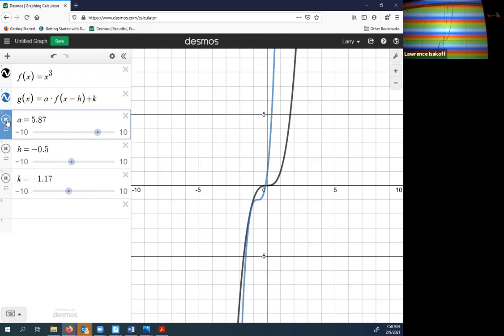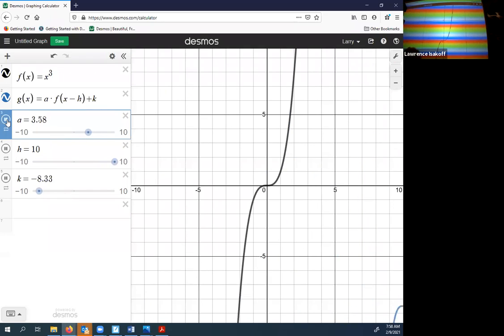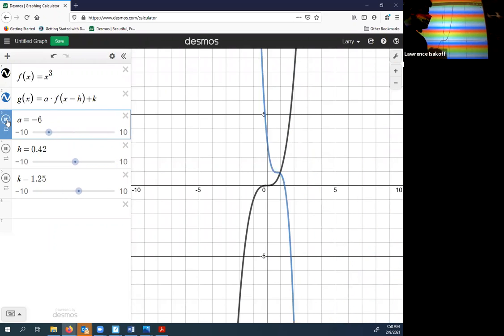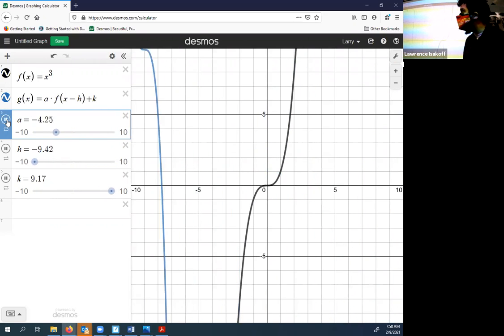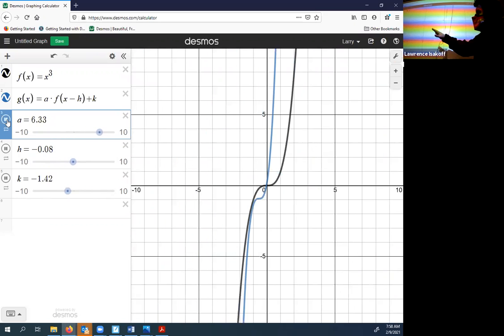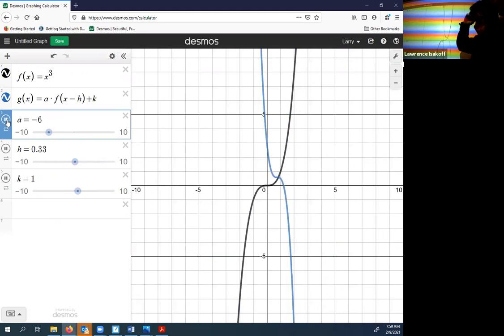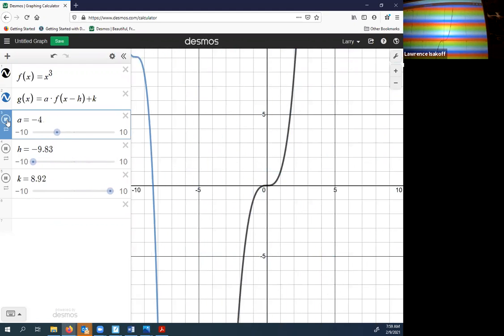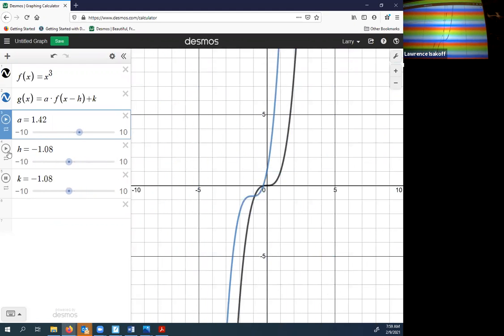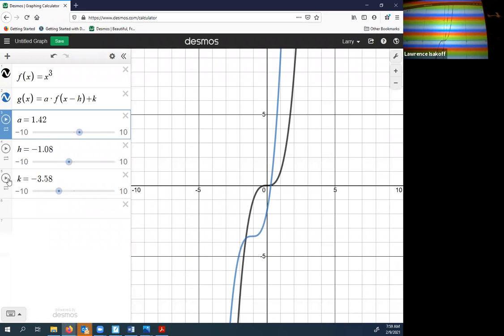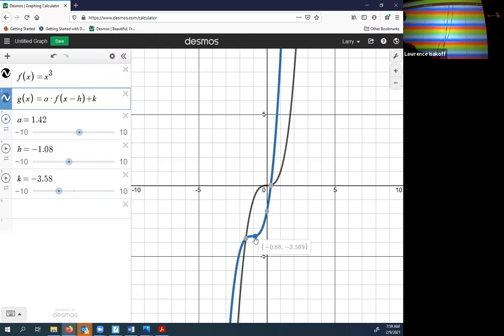I can have them all going at once to see how it can just be constantly changing as those A, H, and K values change. So here with this point of inflection right here, it will match up with 0, 0, where we were at.